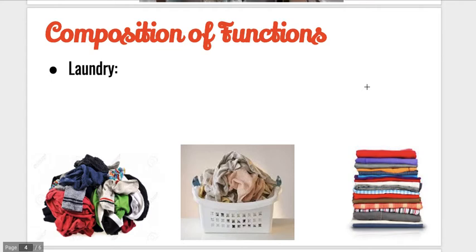For function composition, the very first thing I want you to think about is: what is the input? If you consider washing clothes to get clothes cleaned as a function, it is something you need to work on, the input. Then what is the input? The input is the original thing you work on, which is dirty clothes.